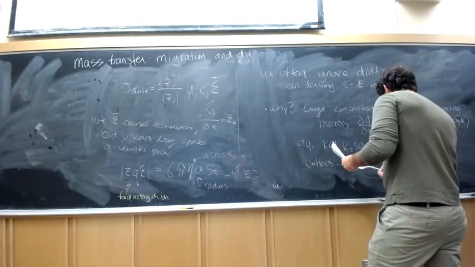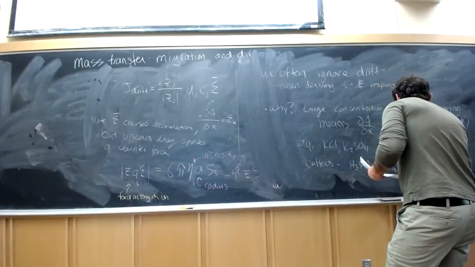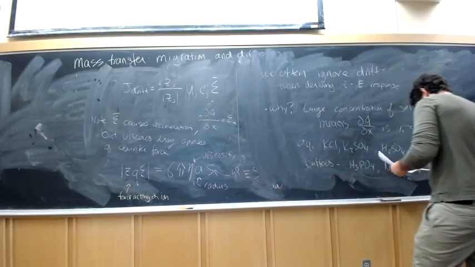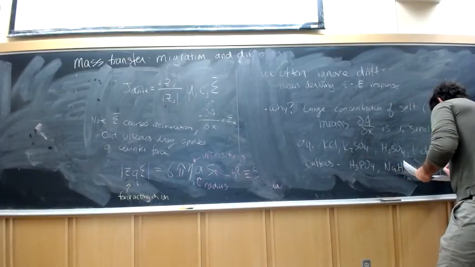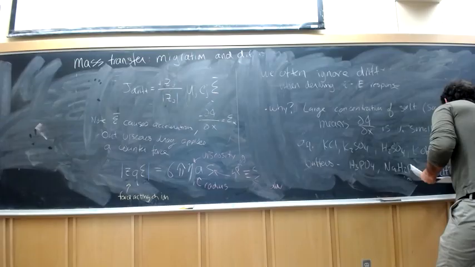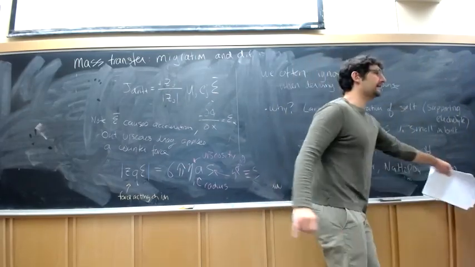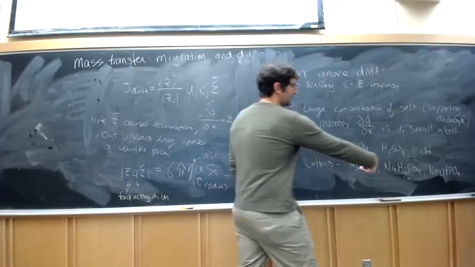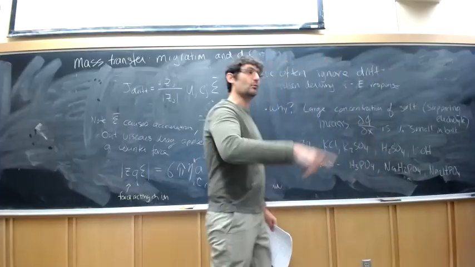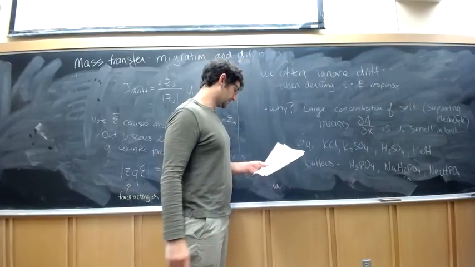H3PO4, NaH2PO4, Na2HPO4. So basically these different protonation states of phosphate, right? There are these equilibria. You can buffer a wide range of pH around neutral electrolytes.